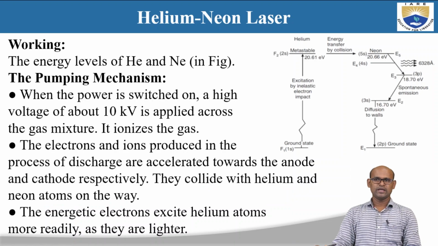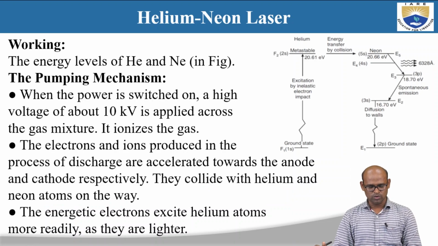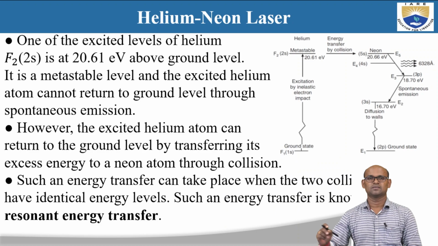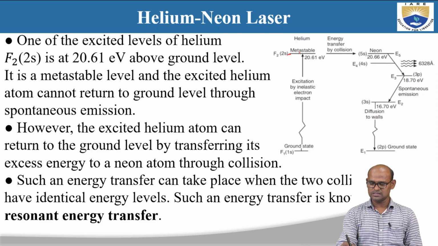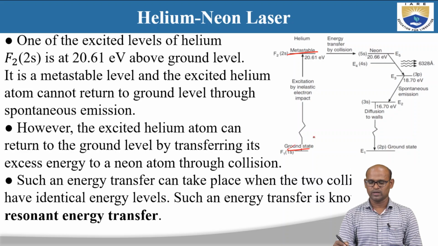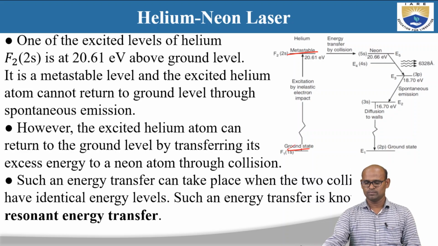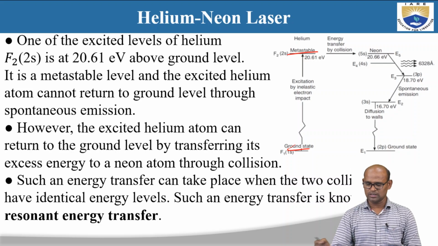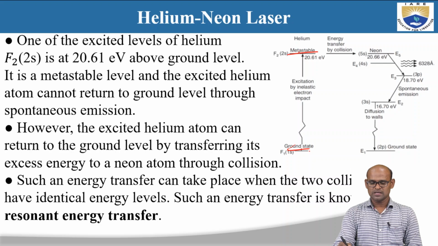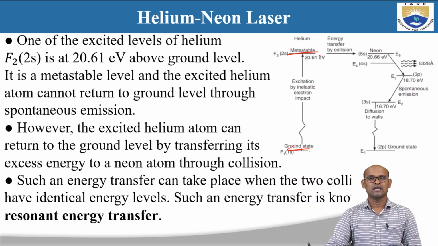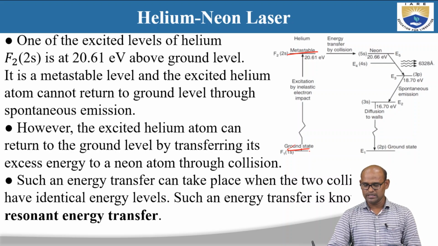Out of these, the helium atoms are the lighter ones, so they get excited first. One of the excited levels of helium is F2. This is the helium atom energy level diagram. The energy of the helium level F2 is 20.61 electron volts above the ground level. It is a metastable state, and the excited helium cannot return to the ground level through spontaneous emission.